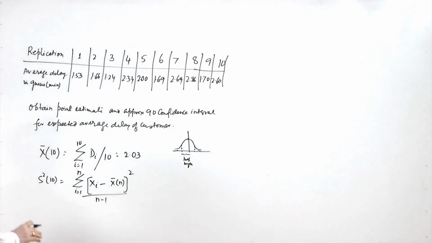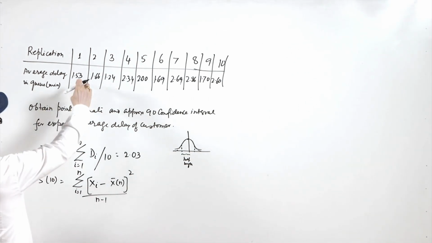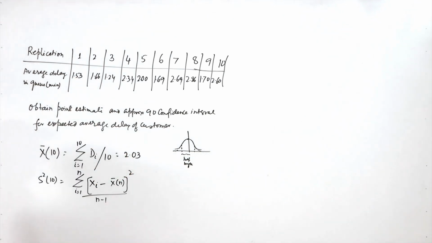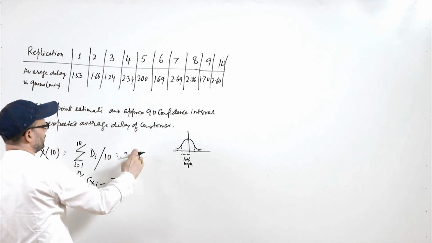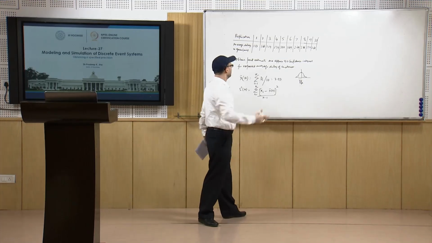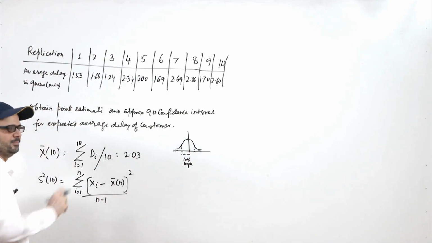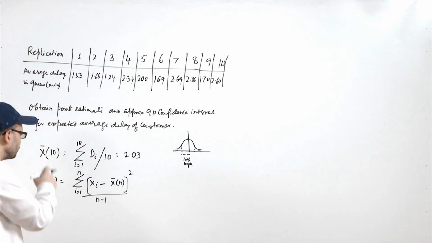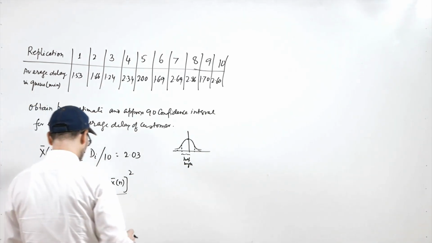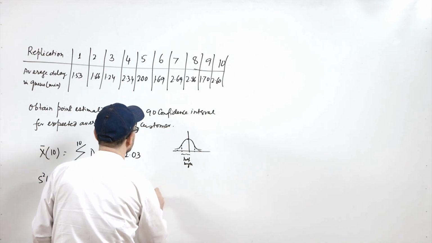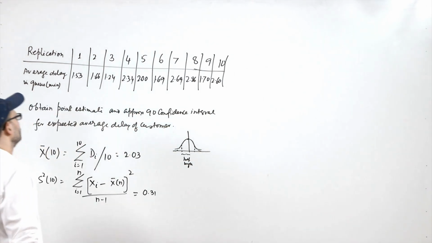So, every term will be like 1.53 minus 2.03 squared, plus 1.66 minus 2.03 squared, and so on. All these will be squared and then divided by 9 because n is 10. Once we do that, this value comes out to be 0.31.